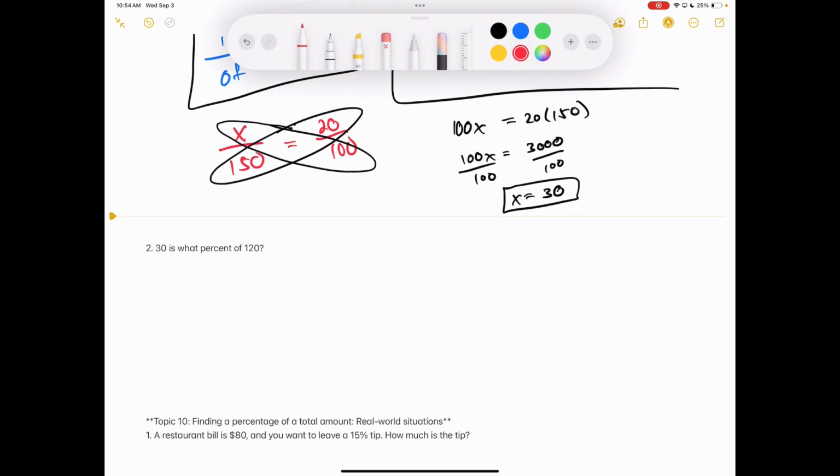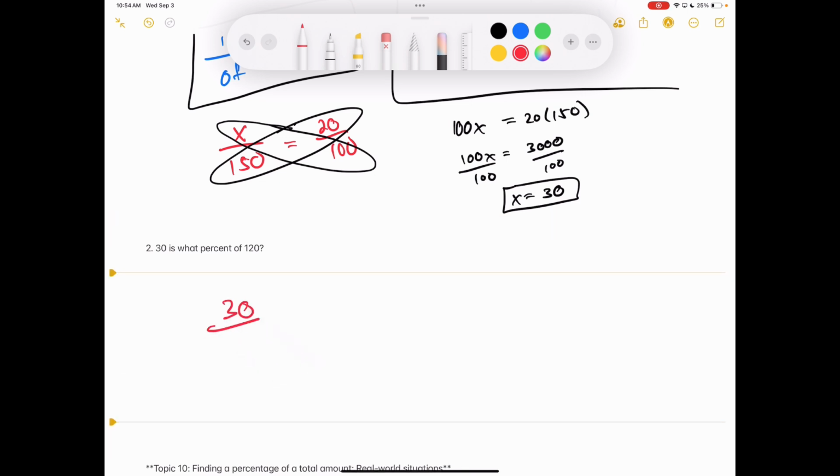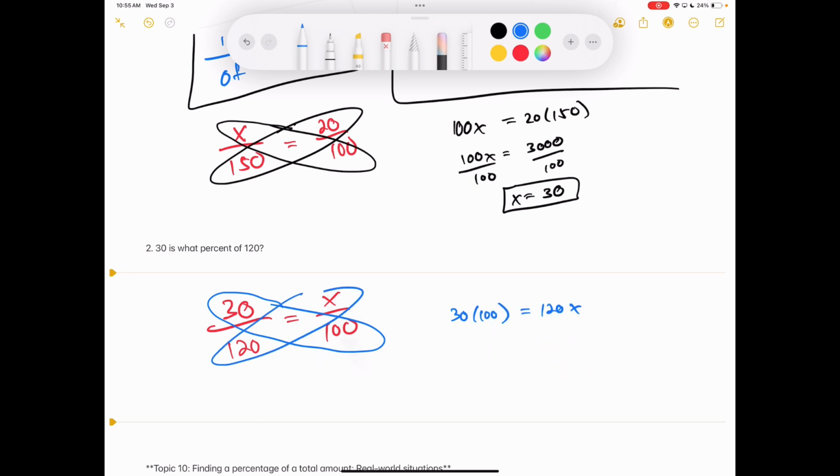So on this one, 30 is, so that's my is, what percent of 120? So what percent? The percent is what I'm looking for. So I can do 30 times 100, and then 120 times x.